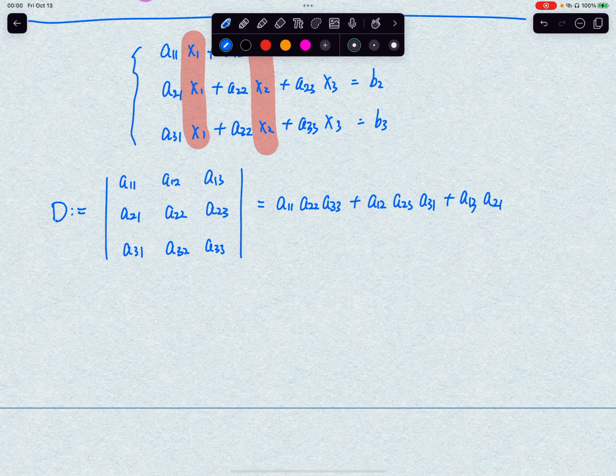A13, A21, A32 minus A13, A22, A31 minus A11, A23, A32, and minus A11, A22, A33.